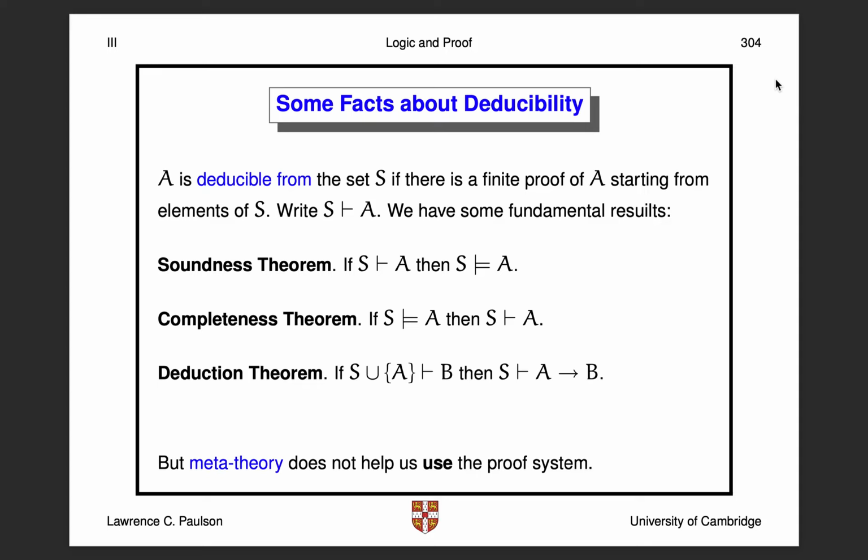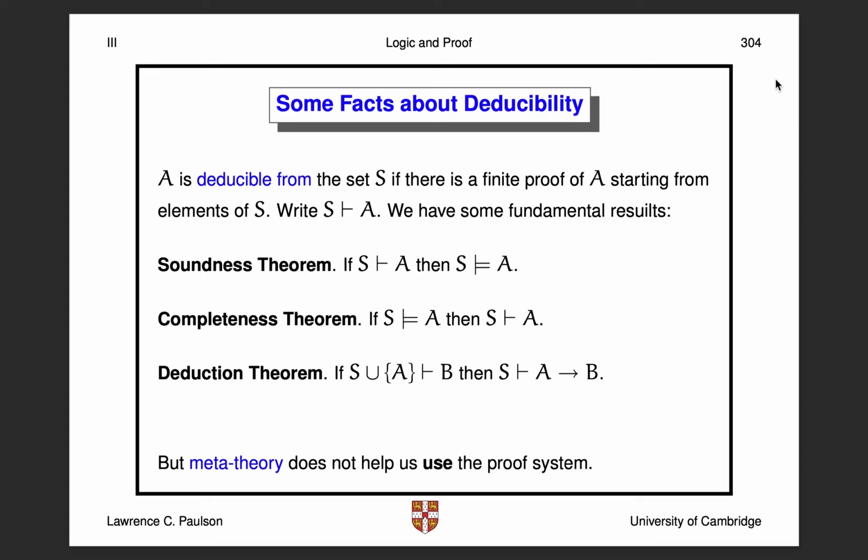So looking at these, the first property is called soundness, and to put it more precisely, if A is provable from S, so that means, or is deducible from S, that means we can create a proof using our proof system, using as additional axioms elements of S and culminating with A. If such a proof exists, then S entails A. So here we are linking the proof system with the semantics of propositional logic.